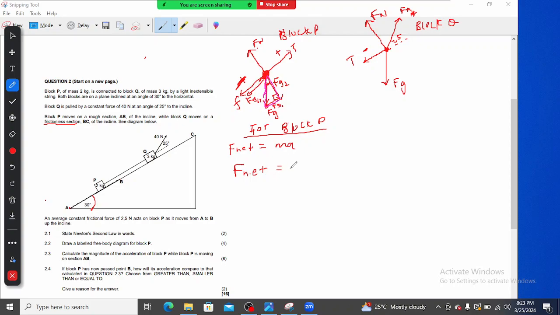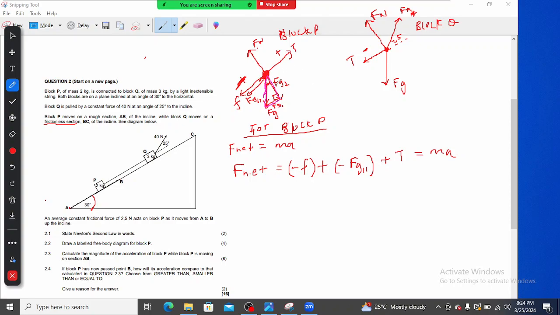I will take this one down as negative, so I would have negative friction plus negative Fg parallel, and then plus tension. This is also equal to ma, right? I already got the mass, so I can quickly plug in the values.